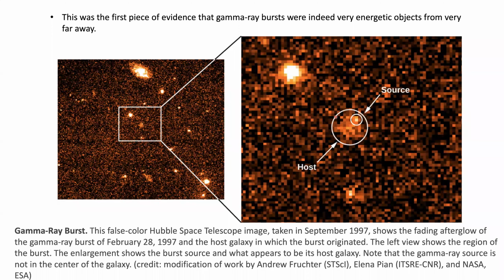The gamma ray burst source is right here, and this is the host galaxy. What you can notice is this large white circle is the host galaxy, the galaxy where you had this gamma ray burst, and here is the exact location of the gamma ray source. You can see that the source is not exactly at the center of the galaxy; it is a little bit towards one side.